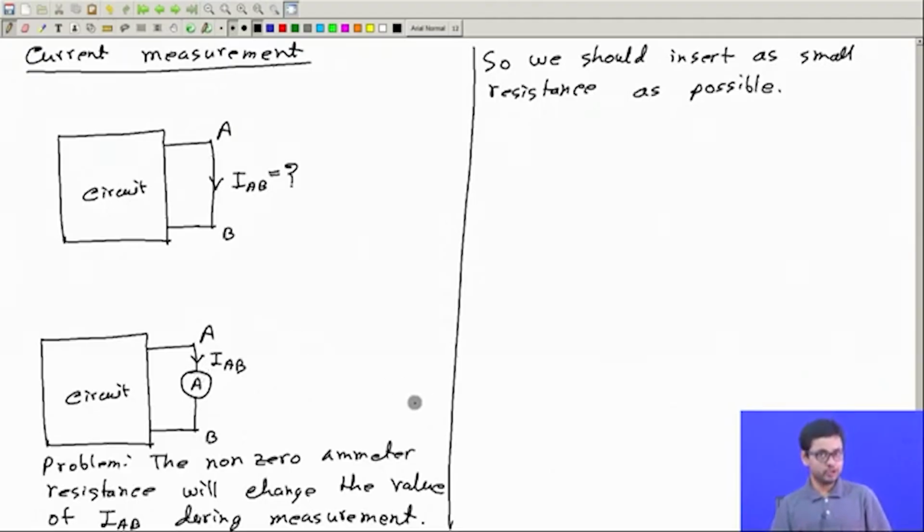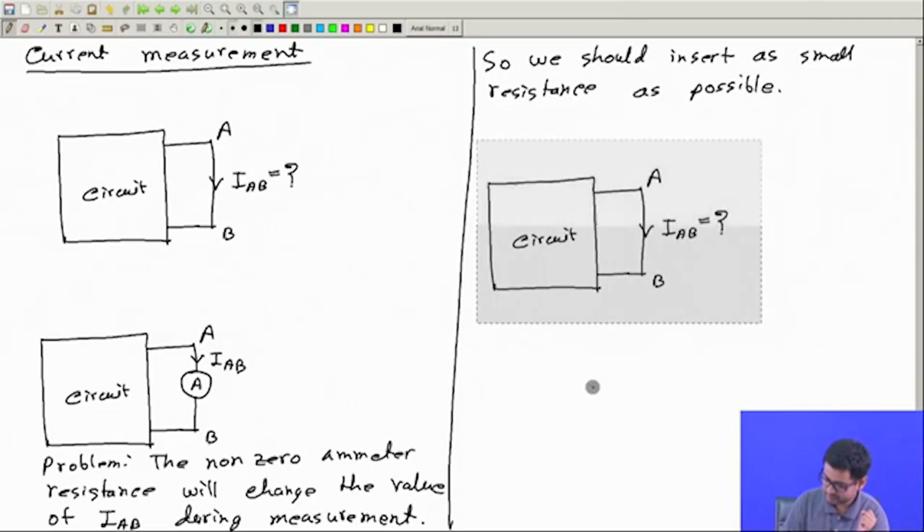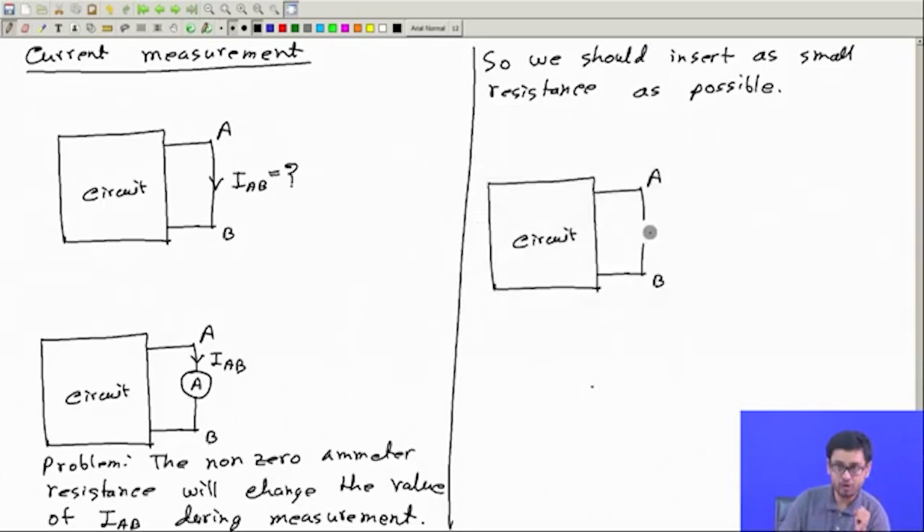So what we shall do is this: we shall insert a very small resistance, as small as possible, and then we shall measure the voltage across this resistance by amplifying it.